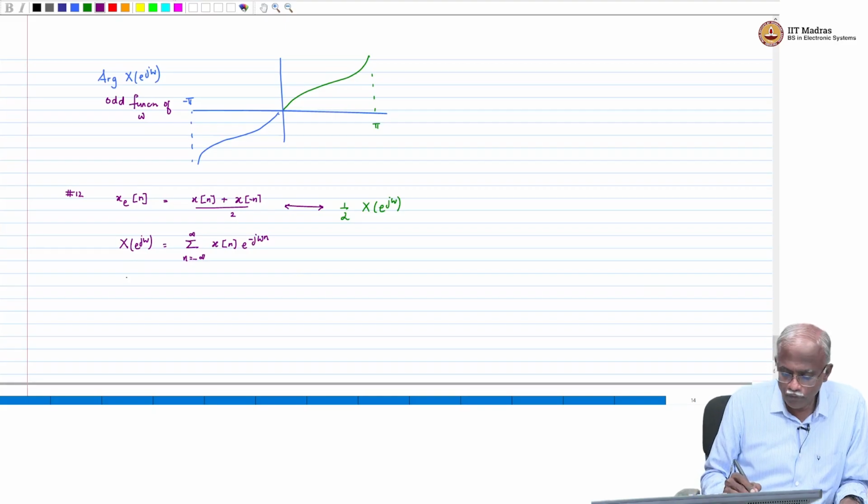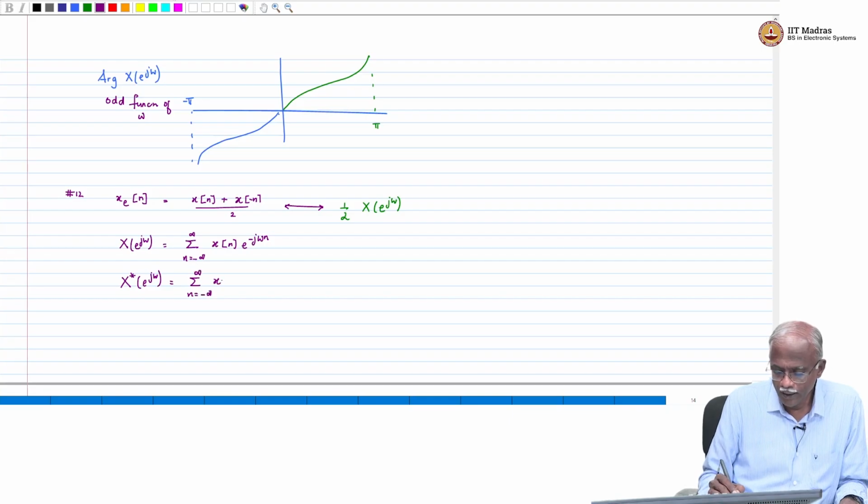So now if you say I will conjugate this, X conjugate of e^{jω} will come out to be summation n equal to minus infinity to infinity x of n, I don't need to conjugate because x of n is real. X of n is real, so I just leave it as x of n. e power, this is a complex quantity, so it becomes plus jωn.